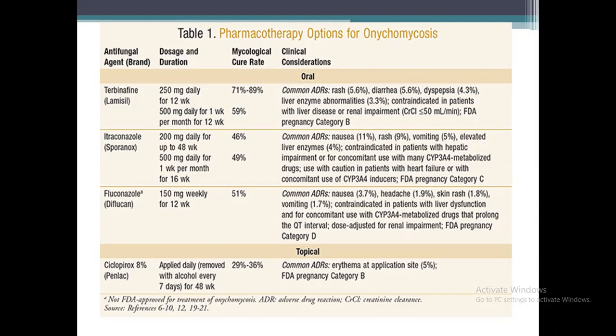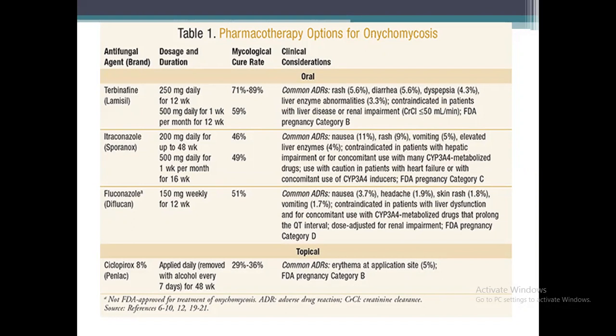The mycological cure rate is 59%, so it is a bit less than the normal way of treatment. There are different kinds of ADRs like rash, diarrhea, dyspepsia, elevation of the liver enzymes, and it is also contraindicated in liver disease and renal impairment. And it is pregnancy category B.